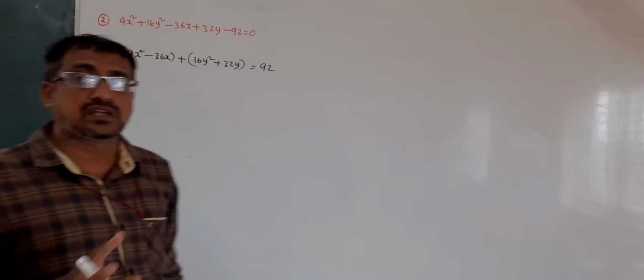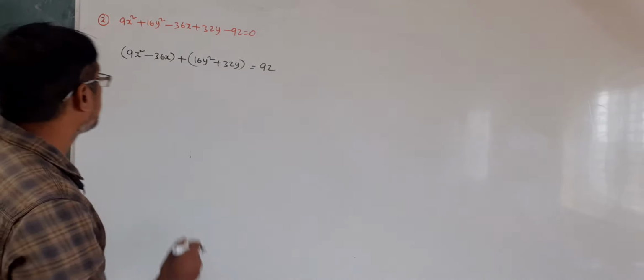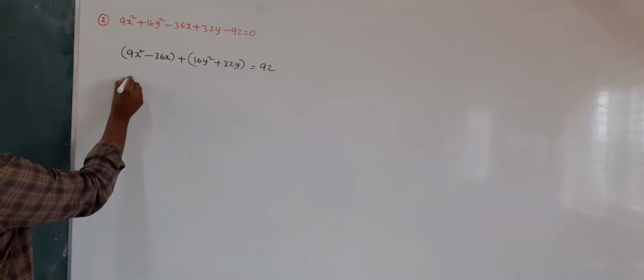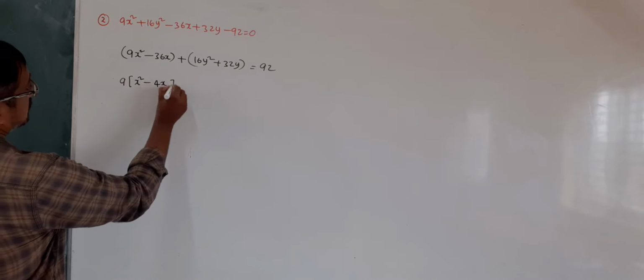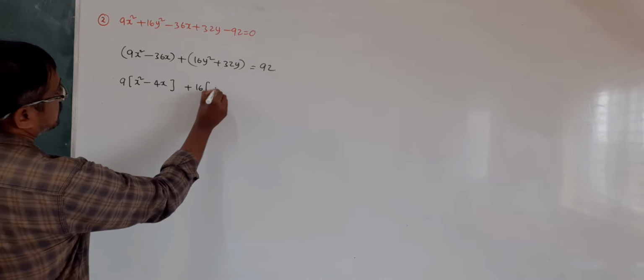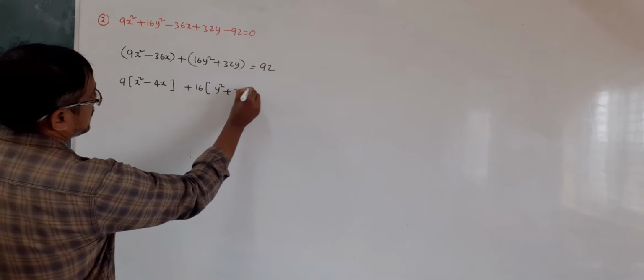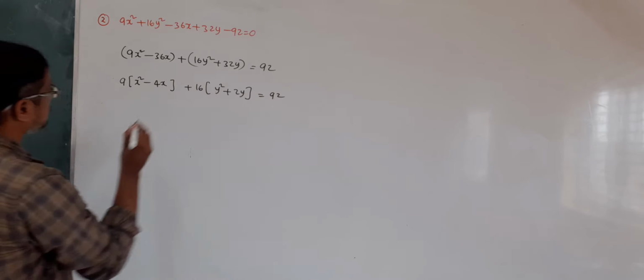You have to take the x and y terms separately. Now here, 9 into x square minus 4x plus 16 into y square plus 2y is equal to 92.